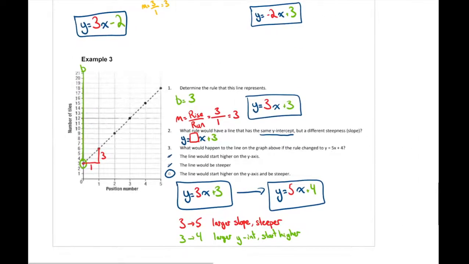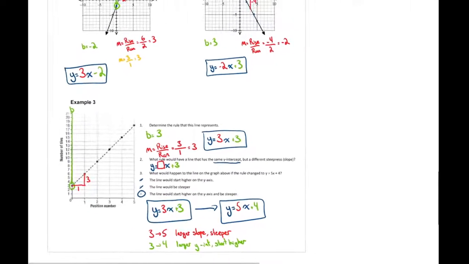So again, the main takeaway from this lesson is understanding how we can go from a graph to a rule. We need to look for the y-intercept, which is just going down the y-axis, which will be given to you in the graph, and then finding the rise over run. So you're finding two nice points and figuring out how far horizontally and how far vertically you have to go from one to the other.